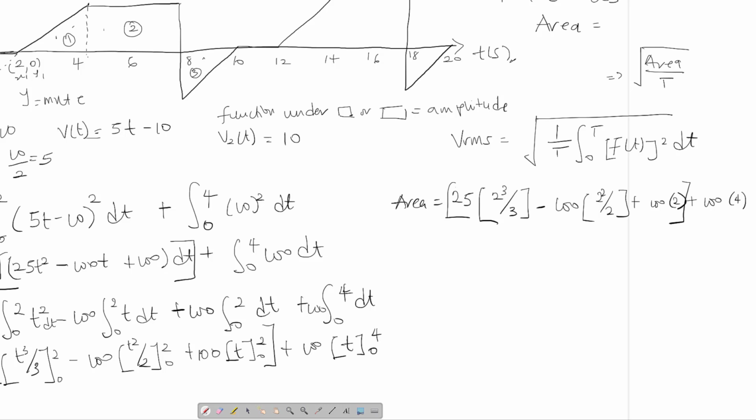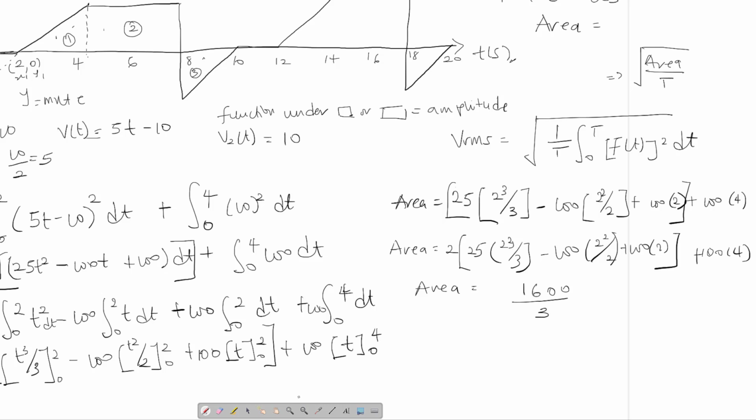In other words, that is the area for just the first sawtooth, but we have 2. So we can multiply the one in bracket by 2, so that we will get the area of the 2 sawtooth. So it will be like this, 25 times 2 cubed on 3, minus 100 times 2 squared on 2, plus 100 times 2, plus 100 times 4.